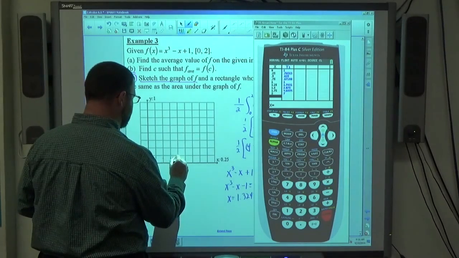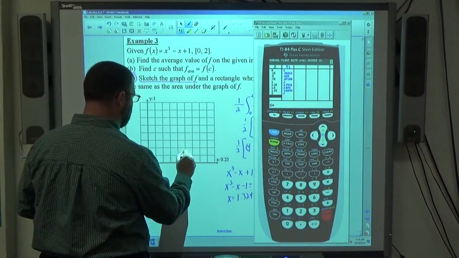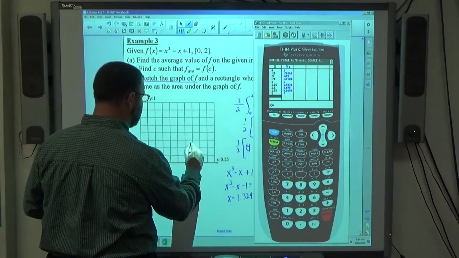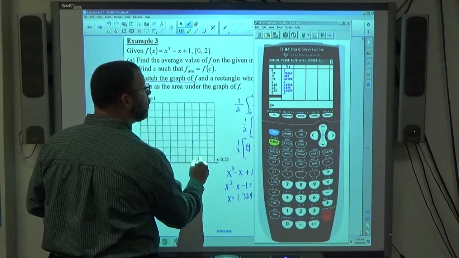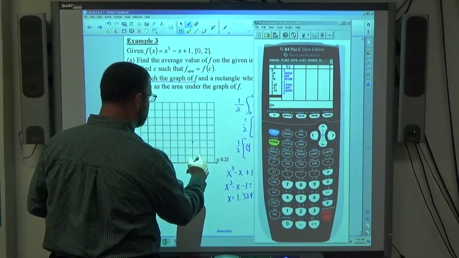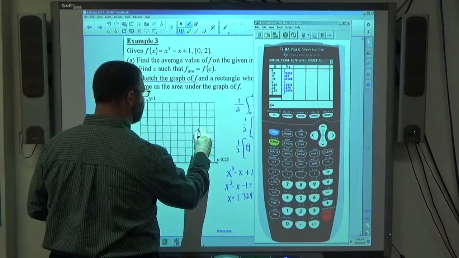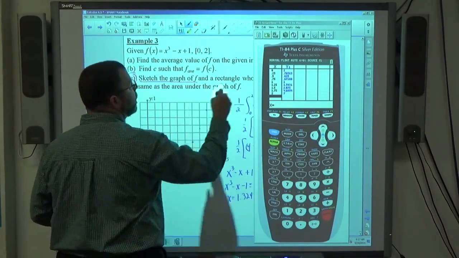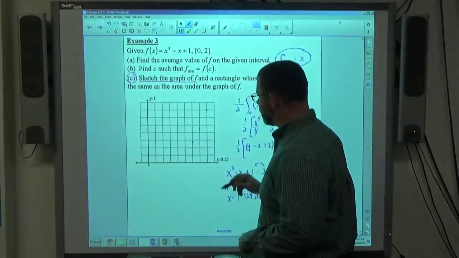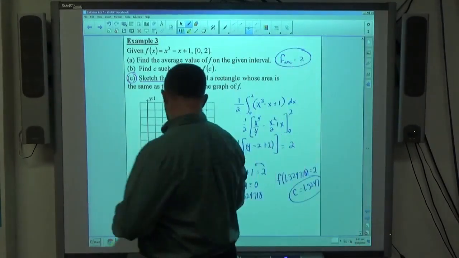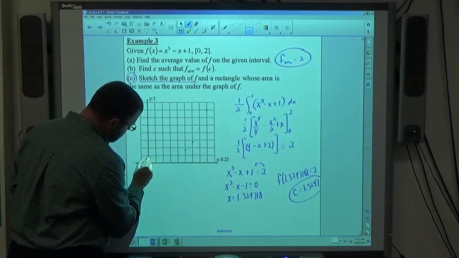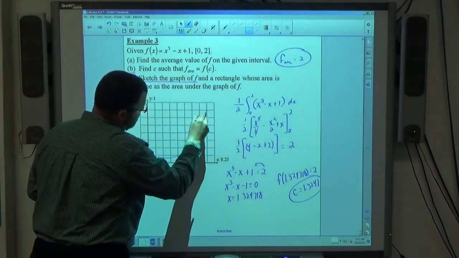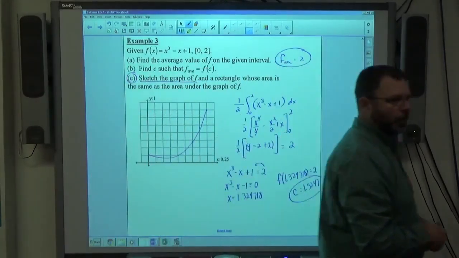Then we got 1, 1, 1.25, 1.70, 1.5, 2.875, 1.75, 4.61, then 2, 7. All right? So those dots represent the graph. I forgot I was doing it purple. So it kind of looks like this. All right, so there's my graph.